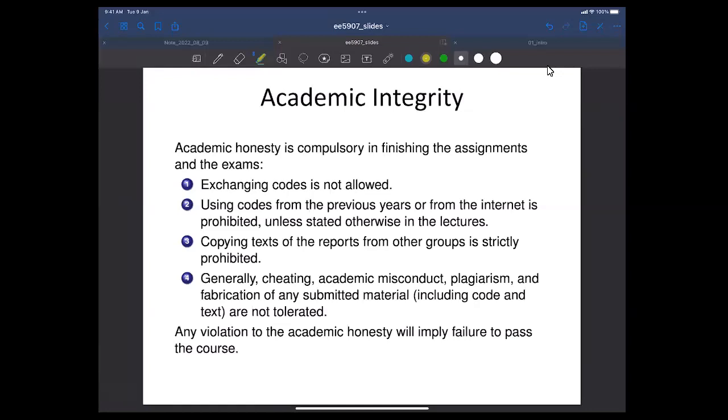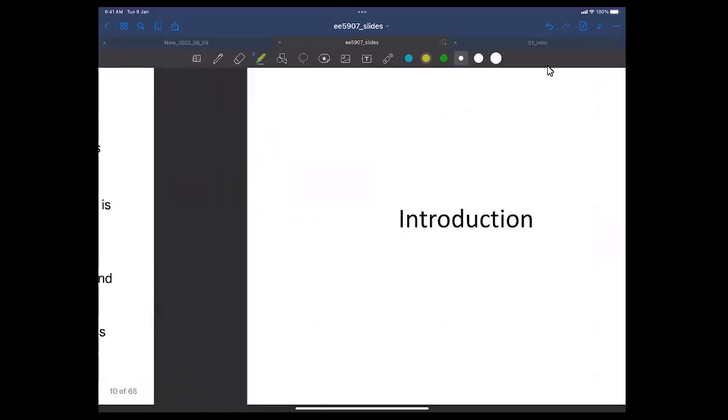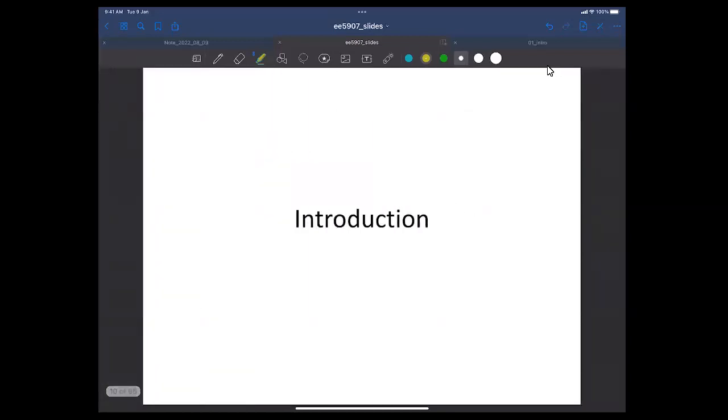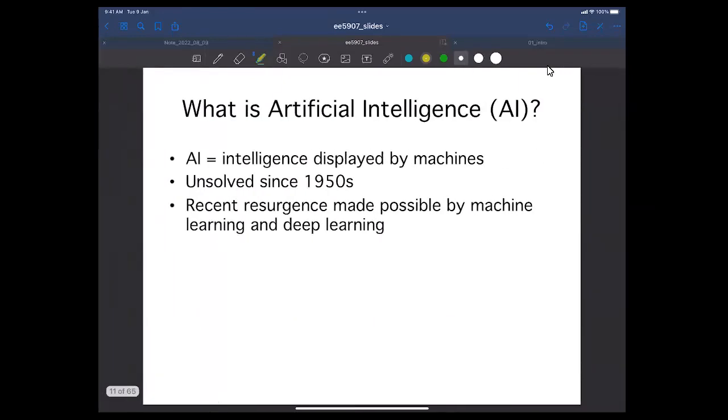Okay, good. If there are no other questions, let's look at the overall reflection again about what we discussed so far. On the slide, we're talking here about AI. AI is intelligence displayed by machines, and this is an unsolved problem.